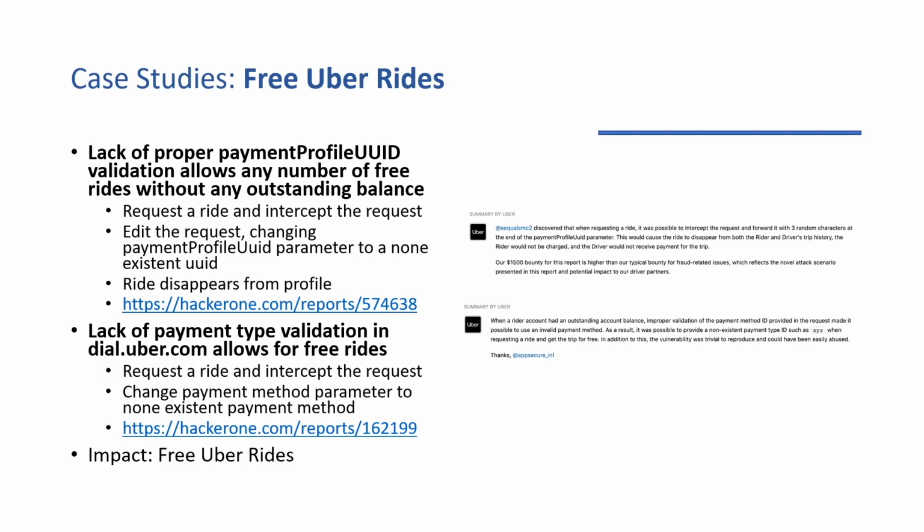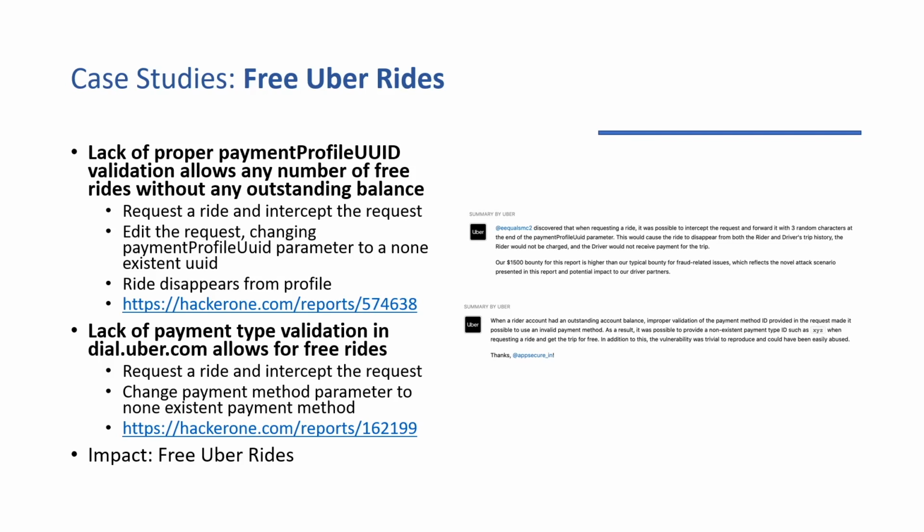So their ride disappears, and therefore they don't get any money, and the driver doesn't get any money as well. So they actually rewarded a higher bounty because you could generate that impact of not just the rider getting a ride for free, but also the driver not getting paid for it at all.